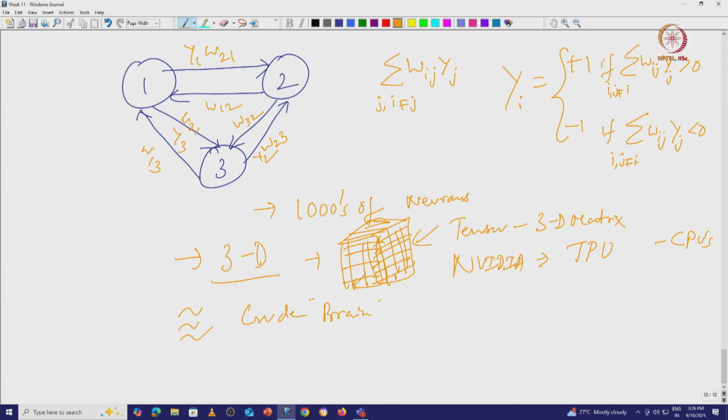This is the reason why your deep nets or general machine learning now dominates. And NVIDIA now makes your GPU, which processes it like this, and a TPU which processes it like this directly. Your CPU was processing it like this, that is all.